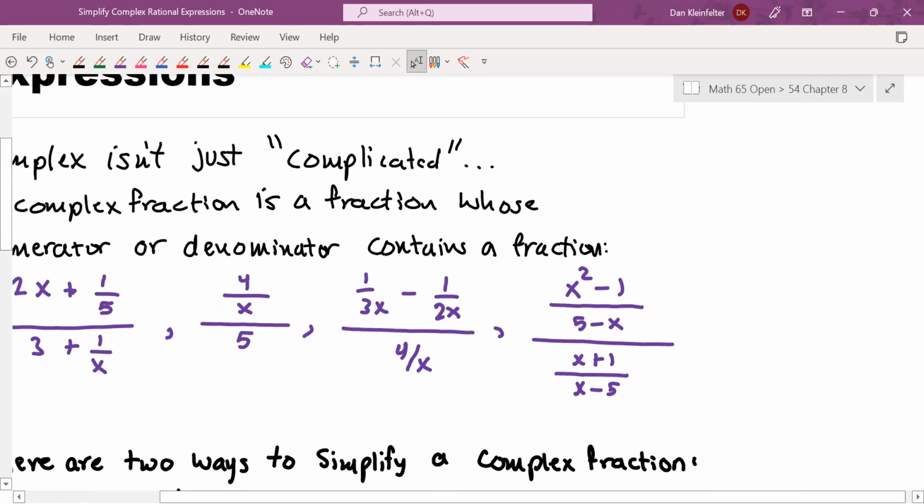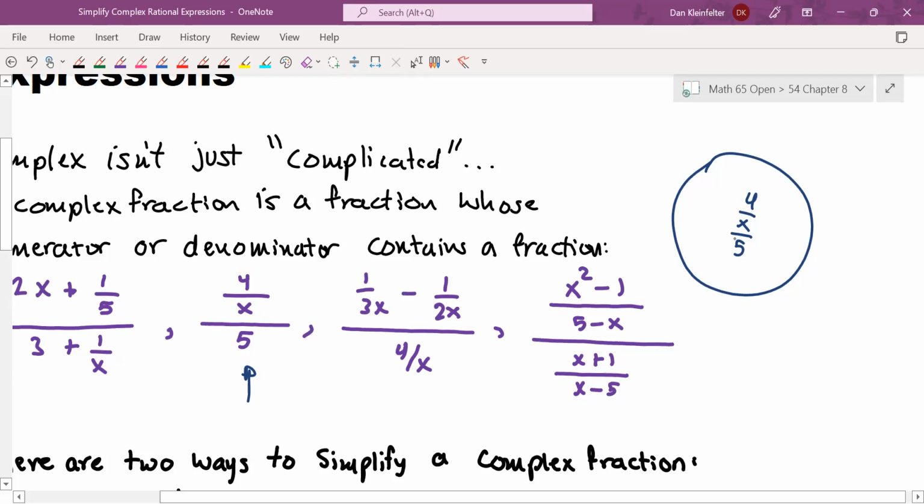So before we go any further, I did want to mention when you're writing complex fractions, it's a good idea to really emphasize how long that division bar is. For example, in this second one where we've got 4 over x over 5, the big fraction's numerator is 4 over x, the denominator is a 5. If you weren't emphatic about it and wrote it as 4 over x over 5 over here to the right, now it looks like maybe the 4 is on top and x over 5 is in the bottom.